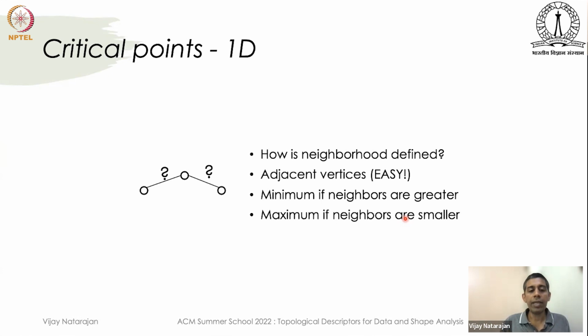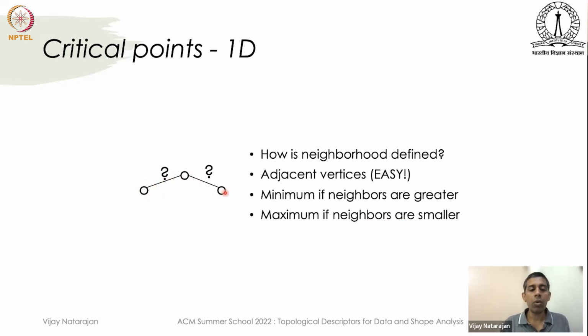So let's take a very simple example in 1D. We have a vertex and we have a function associated with every vertex and linearly interpolated within the edge. How do I determine if this particular vertex is a minimum or a maximum? Right? One way to do that would be to look at the neighbors and check if both of them are higher or lower. Right? If both of them are higher, then you know that you are a minimum.